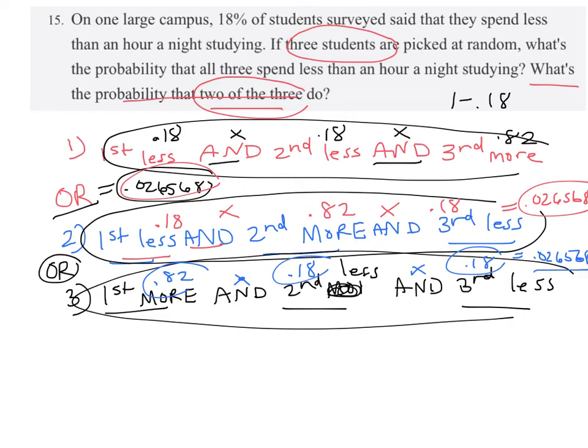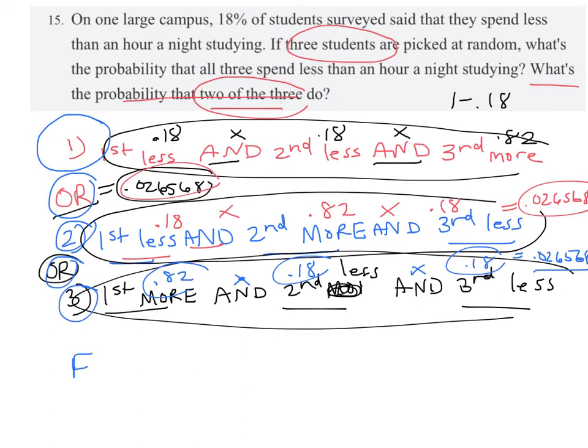Okay, so I found the probabilities of these separate events. Now, the probability that 2 of the 3 do means this could happen, or this could happen, or this could happen. These are all the ways that 2 out of 3 students spend less than an hour studying. Now, or means add.